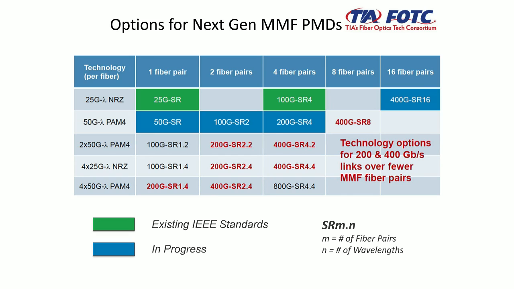So M would be the number of fiber pairs, N would be the number of wavelengths. So with these tools, we've got a variety of configurations to use to get cost-effective optics. The one that I had shown a couple slides back was the 400 gig SR4.4. So that's 4 fiber pairs and 4 wavelengths.